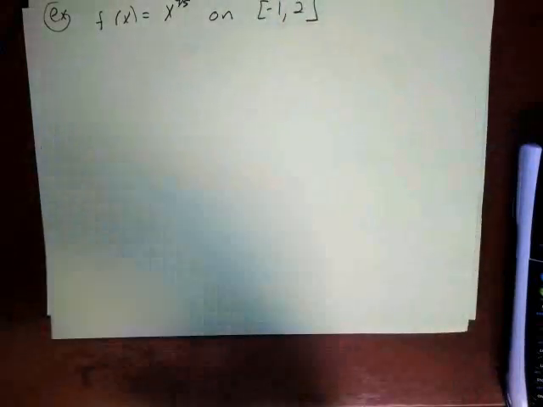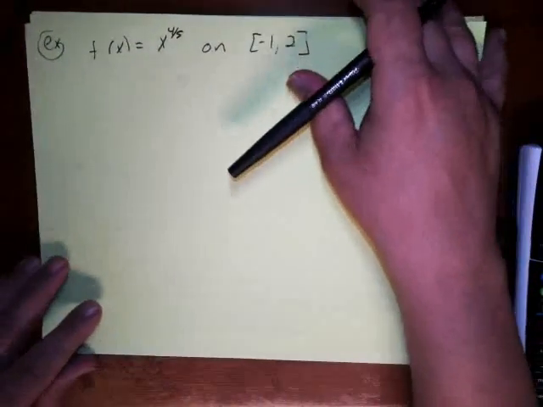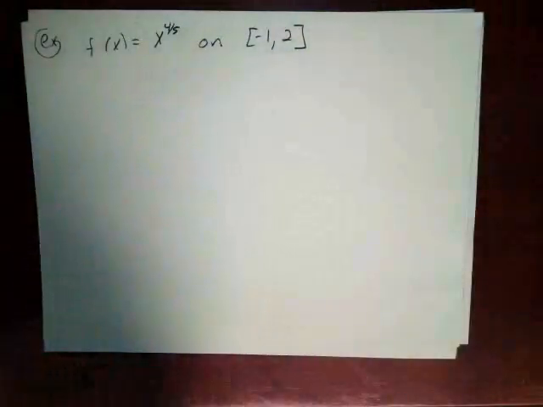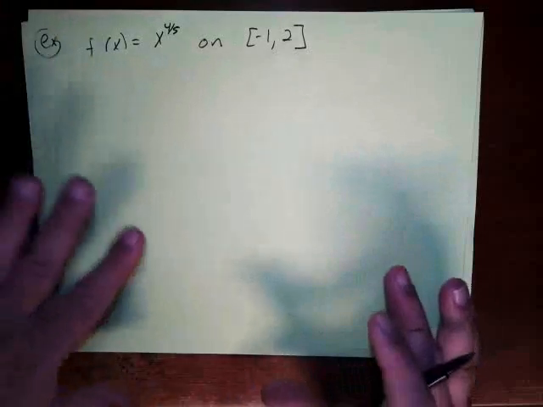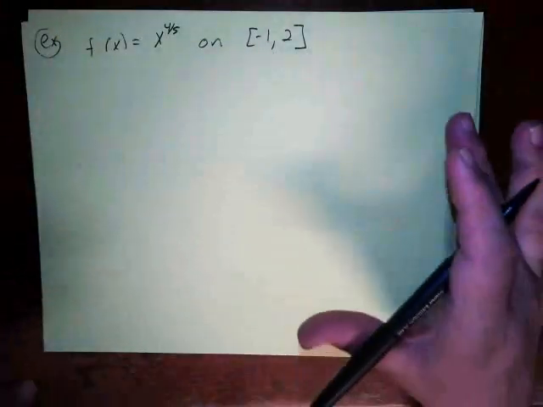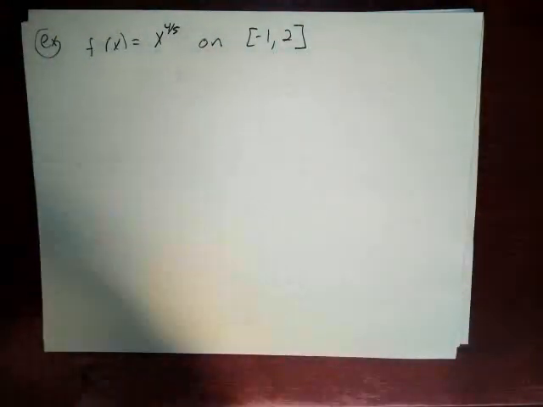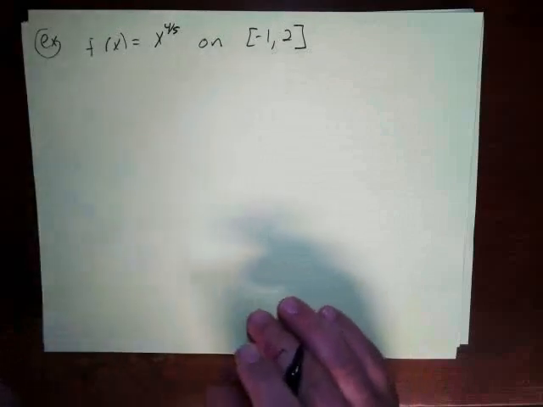Now I want to ignore the conditions here because I want to show you that it's important that the conditions are met. I just want to take the derivative, find the average rate of change, and see if I can get the c point.